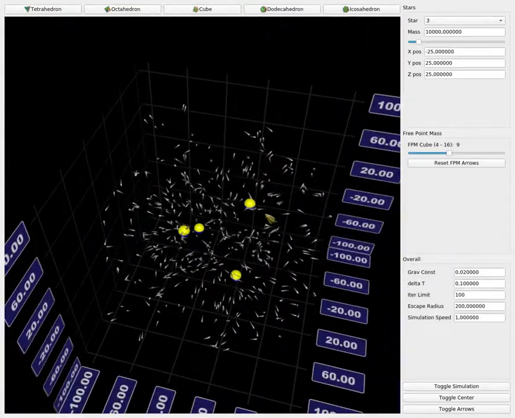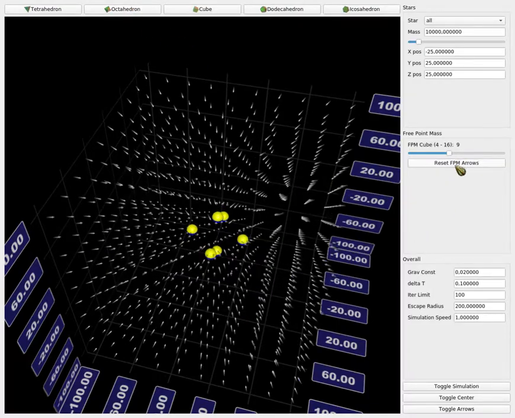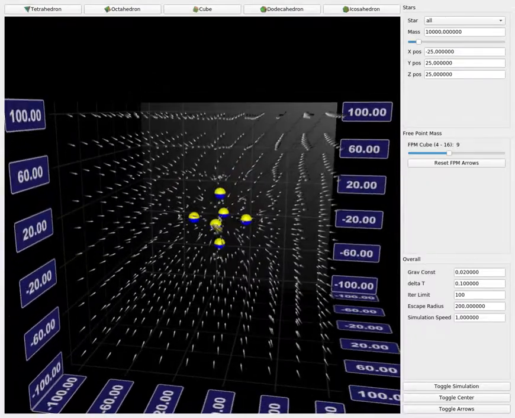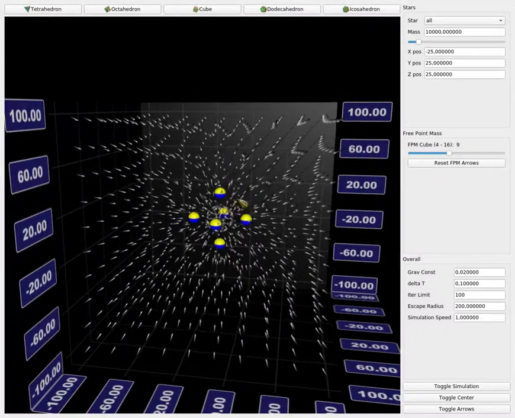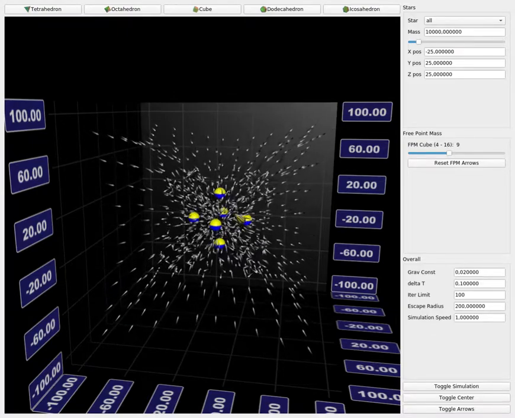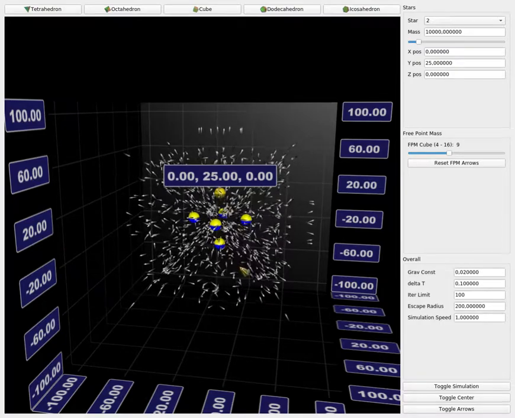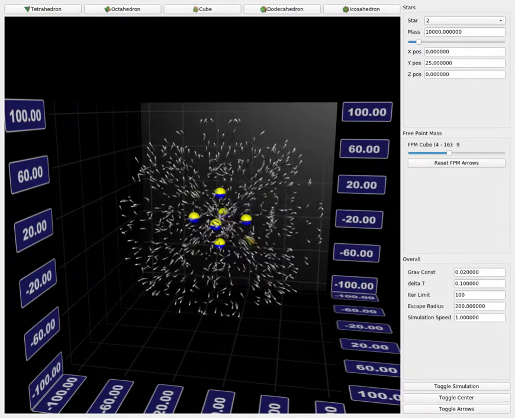And we'll just go through each of them. Octahedron. Well, now we're back to the octahedron, but they all have the same masses. They all have 10,000. That's the default mass.